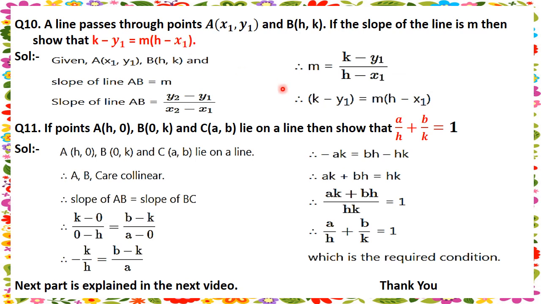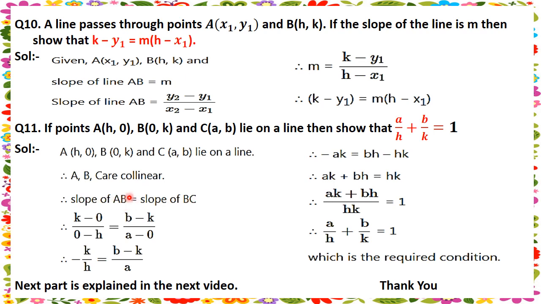Now question number 11. If points A(h, 0), B(0, k) and C(a, b) lie on a line, then show that a/h + b/k = 1. Now these are points on a line. Lie on a line means they are collinear. So we have the slope of AB and the slope of BC are equal. Now what is the slope of AB?